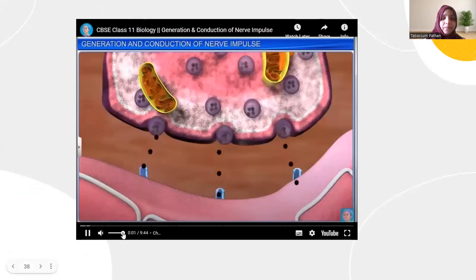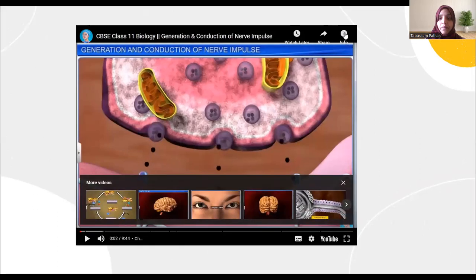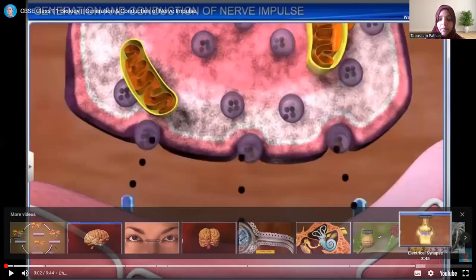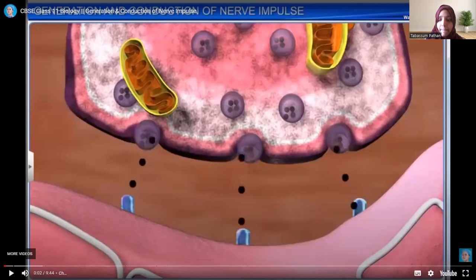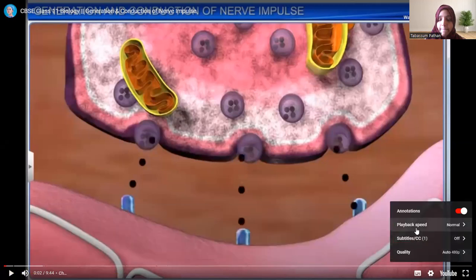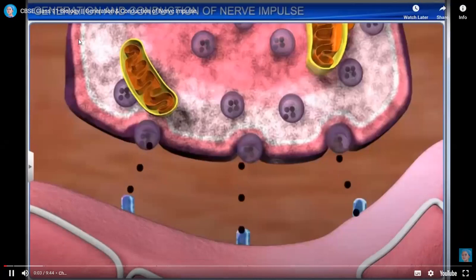Okay. Nerve impulse is the sum of mechanical, chemical and electrical disturbances created by a stimulus in a neuron.